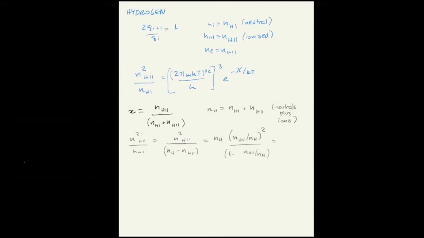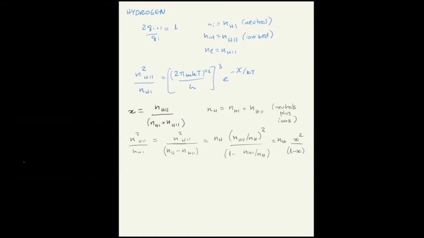So what you have here in the end is the total number of hydrogen atoms times x squared over 1 minus x. So Saha's equation is giving you that quantity here, N squared over N of hydrogen, x squared over 1 minus x.